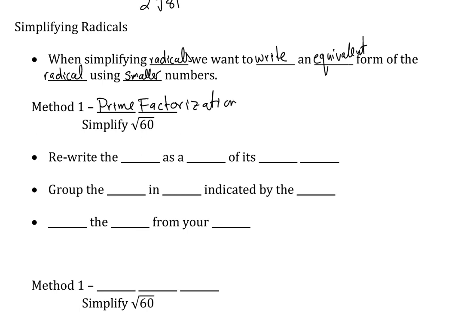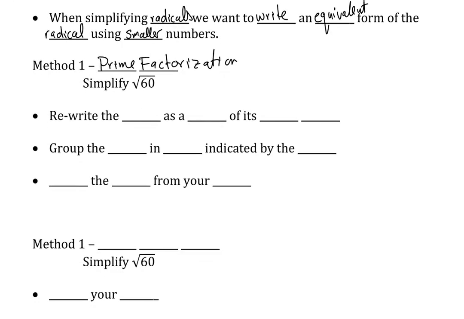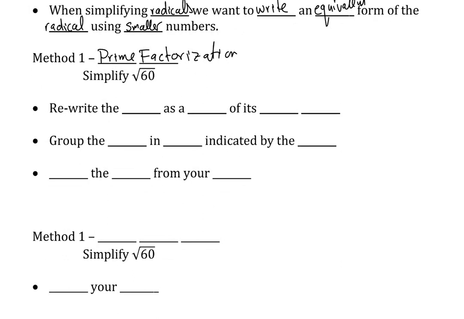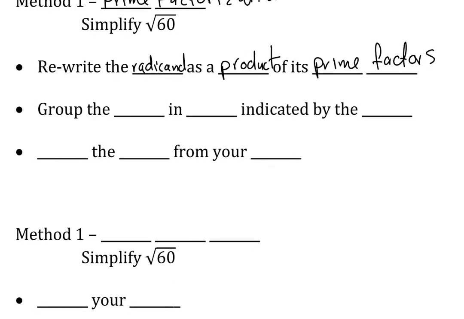The question here is simplify the square root of 60. So simply rewrite the radicand, remember the number that's underneath the radical sign, as a product, so multiplying, of its prime factors. I'm just going to zoom in a little bit to give me some more room.